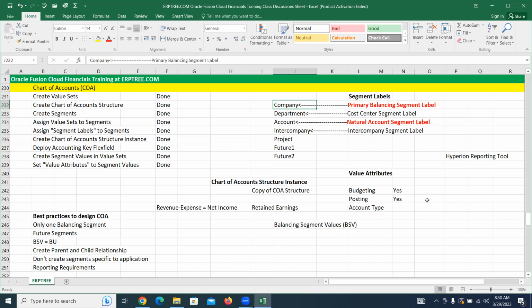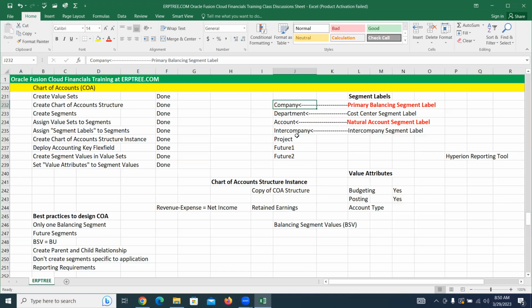That means it's fixed. There is no way it can become unbalanced. For every business unit you can set 1,000 for this, that's it. BU1 means 1,000, always.